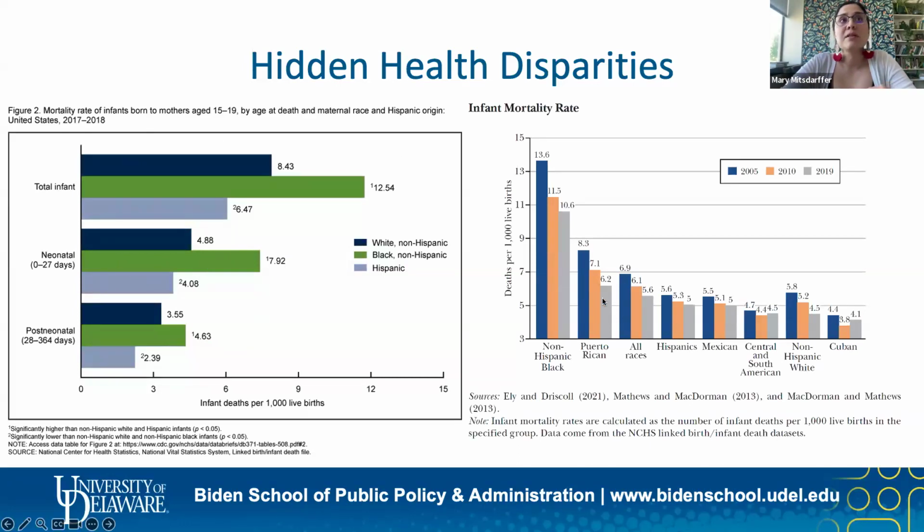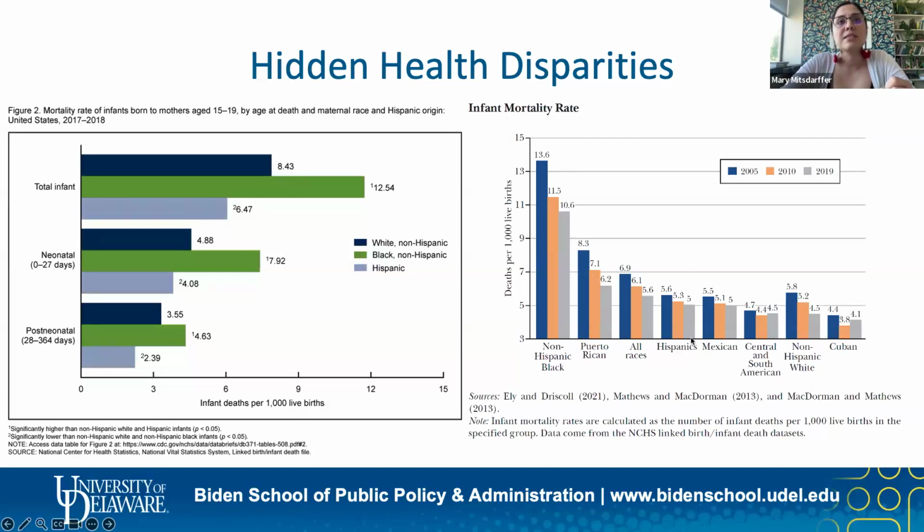We see that when we look at it by origin group, or if we think about it in terms of the graph that I'm showing you here on the right-hand side of your screen, we have Latinos in general, Mexicans within the United States, Central and South Americans, non-Hispanic white, and Cubans, right? And this is also still looking at infant mortality rates.